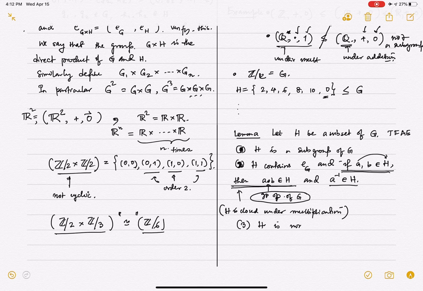Three: H is non-empty, and if A and B are in H, then A inverse B is in H. We'll see, 2 and 3 are very close to each other. 3 is just a little more convenient in some circumstances. So we'll check the proof next time.